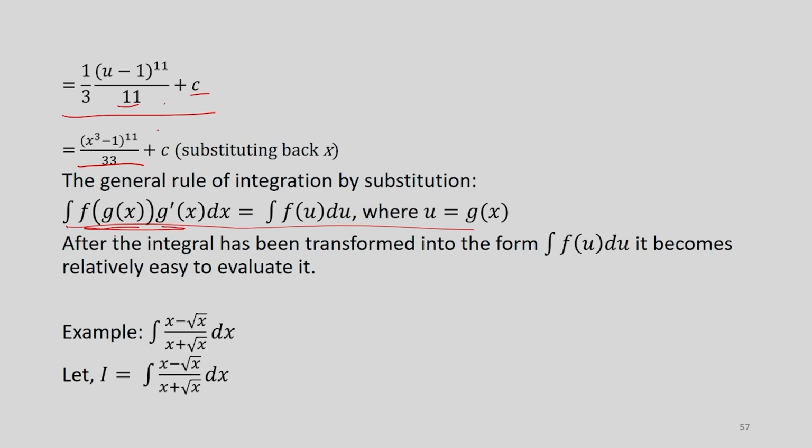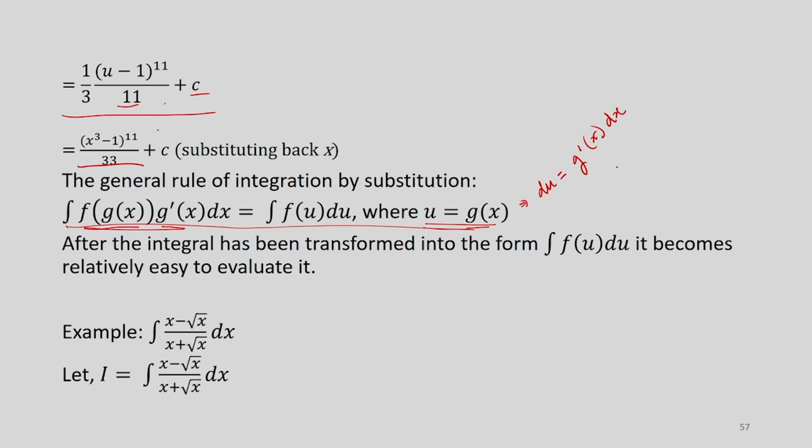So, if we have expressions like this, we assume that g(x) is equal to u. Whatever there is here as g(x), let us assume that to be another variable which is u, and from here what you are going to get is du is equal to g prime x dx.